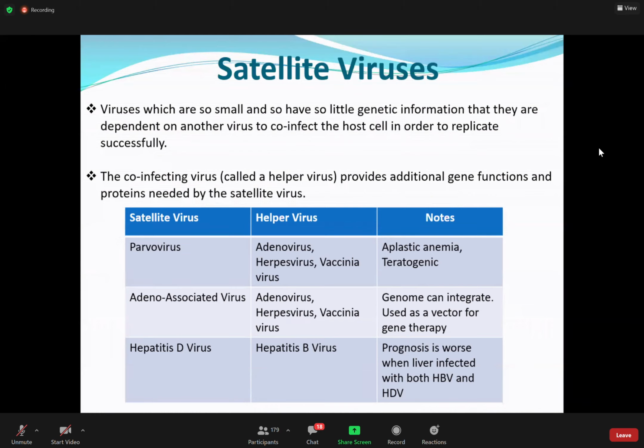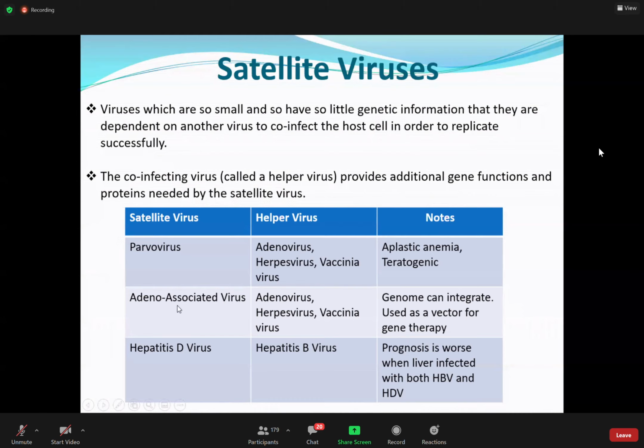So basically they have to piggyback with other viruses and use the genetic information of these other viruses to code for particular enzymes. And so they are called satellite viruses. That means these viruses cannot exist without co-infecting with one of their helper viruses.